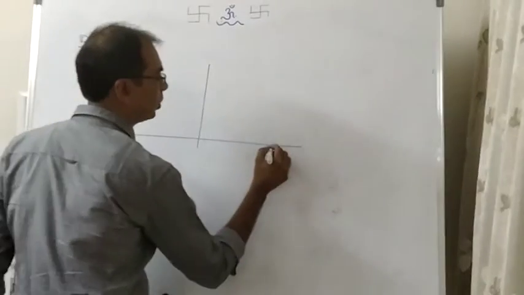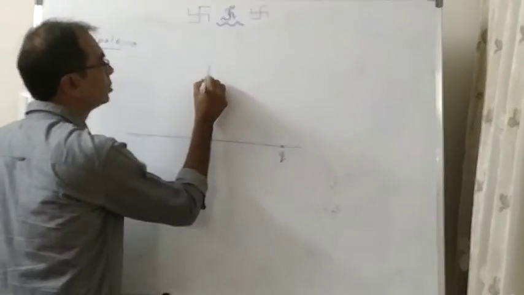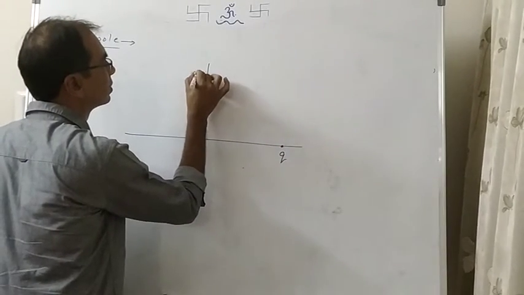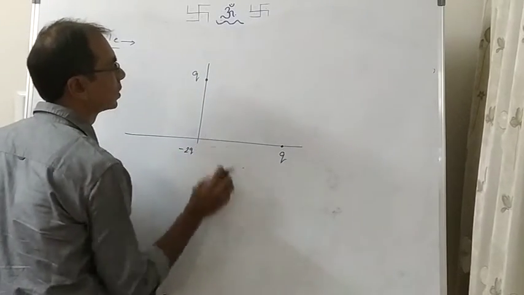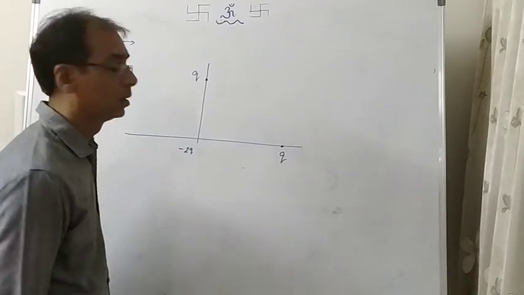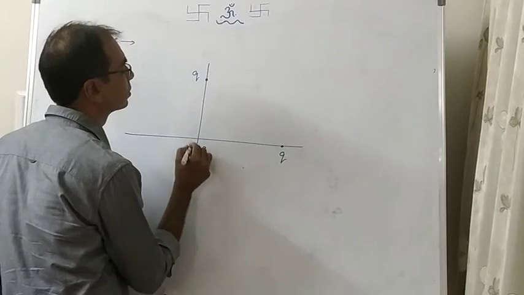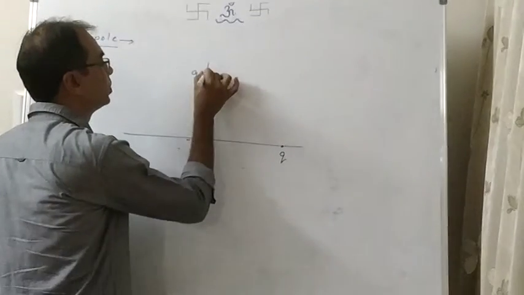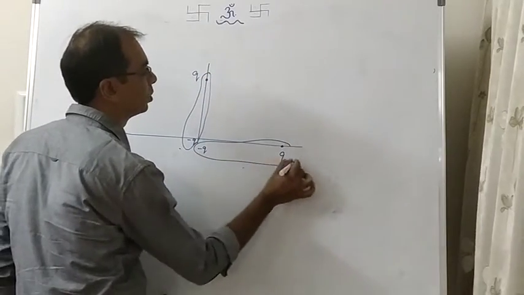Here is a plus q charge, and here also a plus q charge, and here I keep a minus 2q charge. So how many dipoles are there? Two dipoles. How? Because this minus 2q I can write as minus q here and minus q here. So this becomes one dipole and this becomes the other dipole.